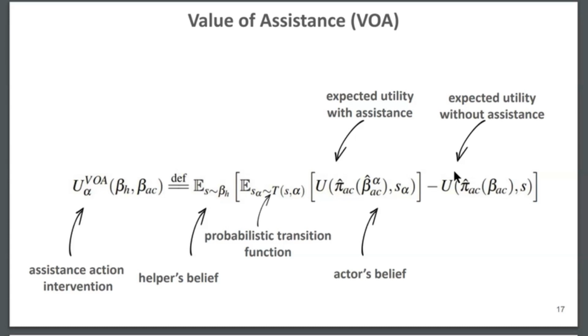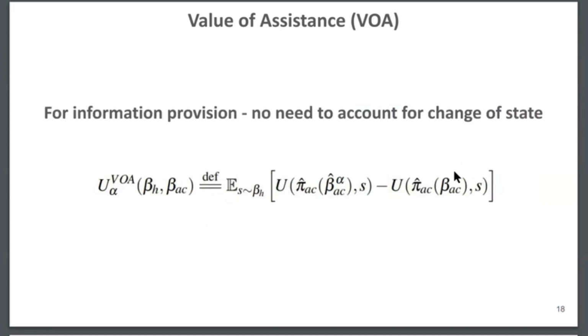A lot of discussions that I'm planning to have with Mishai on this. And then what we are going to examine is the difference between the expected utility with assistance and expected utility without assistance, again, instantiated into the specific reasoning process of the robotic agents.